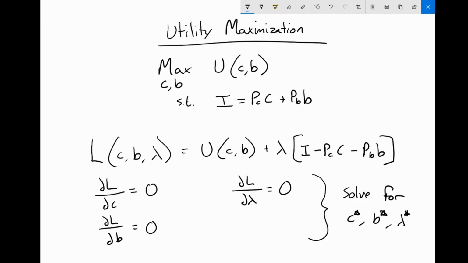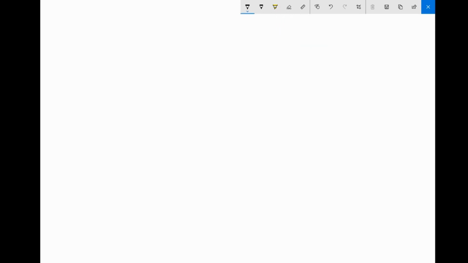Why don't we do a quick example of a utility maximization problem. This will effectively be a review of constrained optimization, but in this case we are giving economic meaning to all of the variables and parameters in the model. So now we're going to do an example.